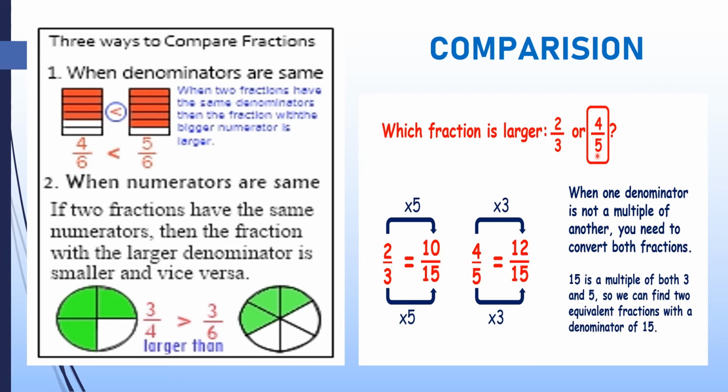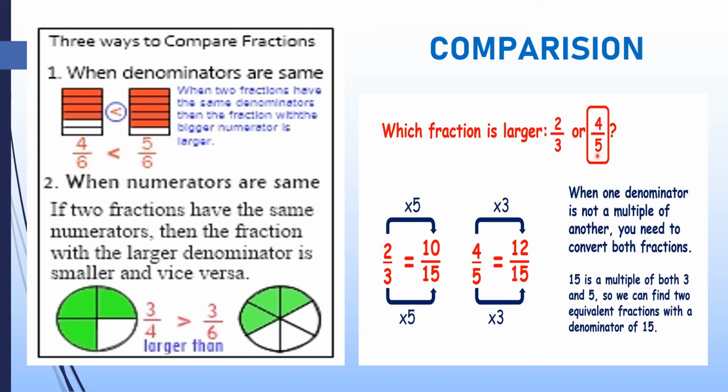So to make the denominator same in both cases, you multiply 3 by 5 and 5 by 3 in the next fraction. So 3 into 5 is 15 and 5 into 3 is also 15. Whatever you do in the denominator, you do the same thing for the numerator also.